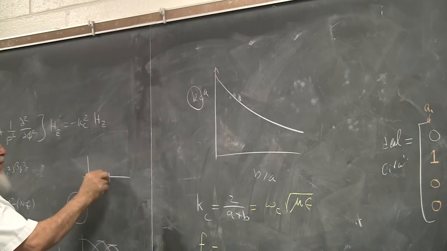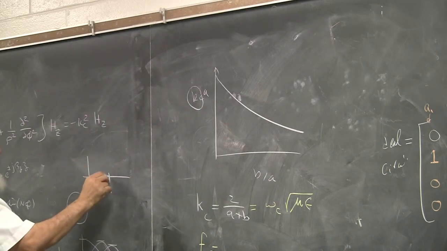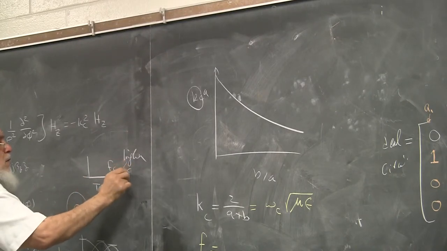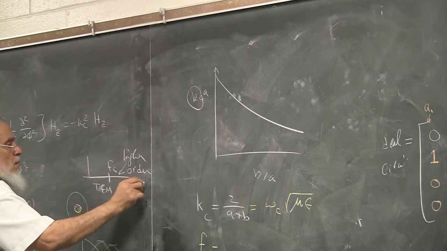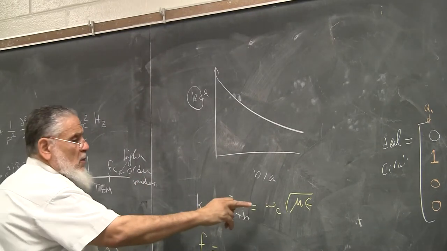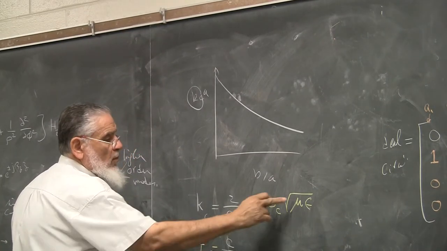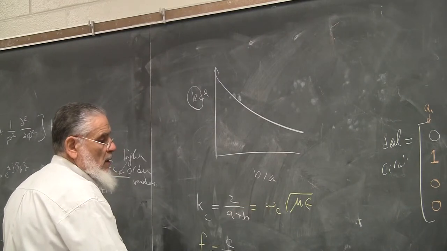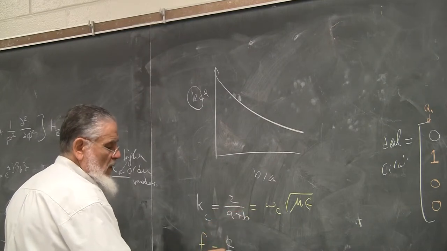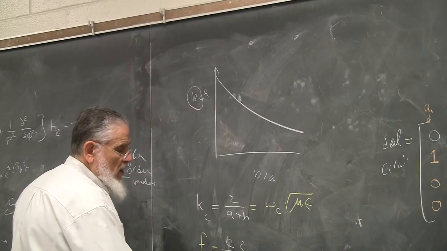So you have TEM in your coaxial guide up to the f sub c here, where you start to have higher order modes. So f sub c is 1 over, that's already c. I have a 2 pi, and you have a 2 here. So you have pi times a plus b.